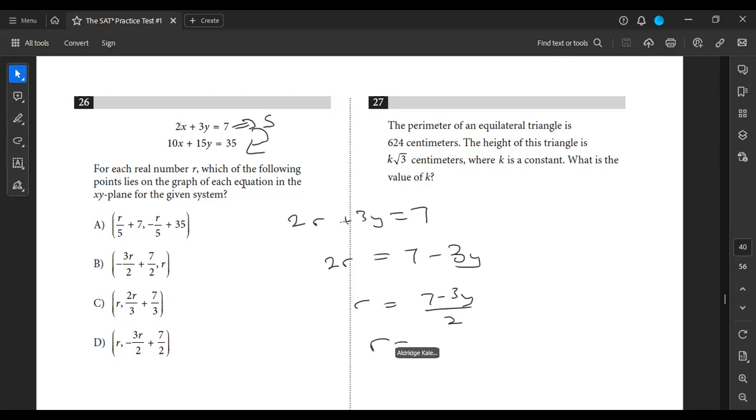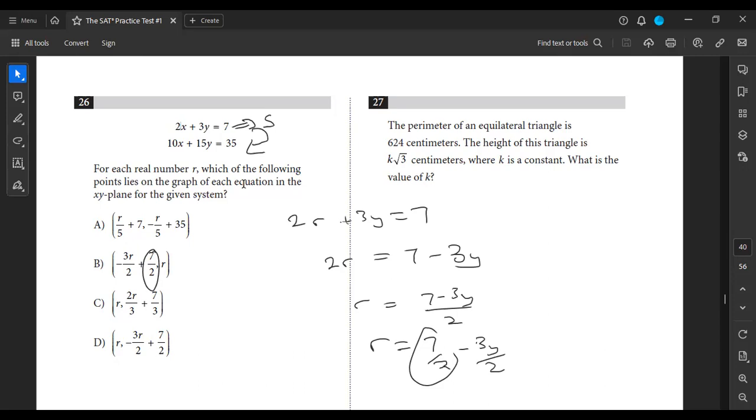This is the same as 7 over 2 minus 3y over 2. Oh, okay, no. That's different actually. These are different because this is 7, this is 3y, and that's 3r. So that's different.